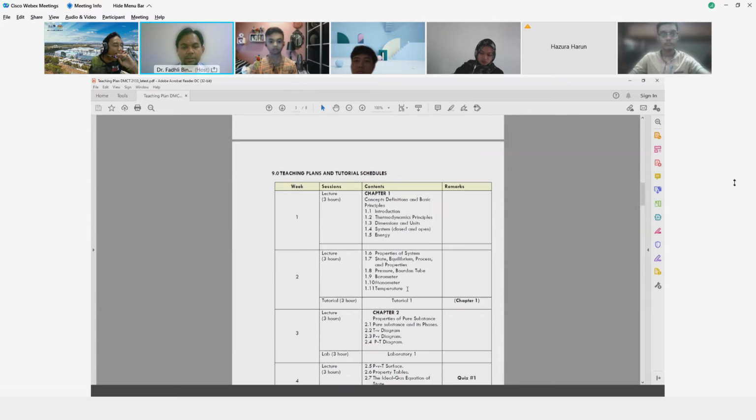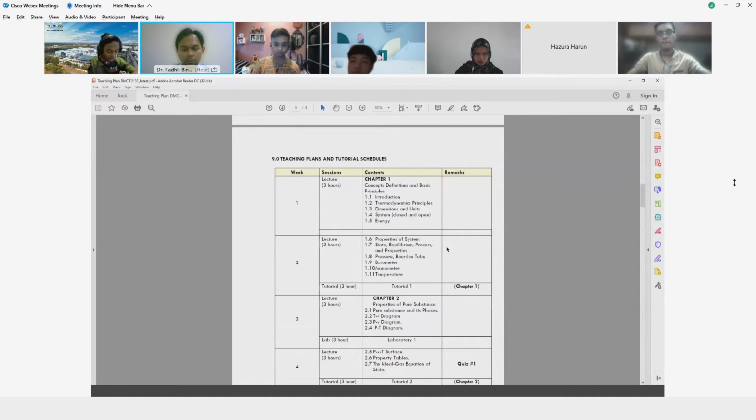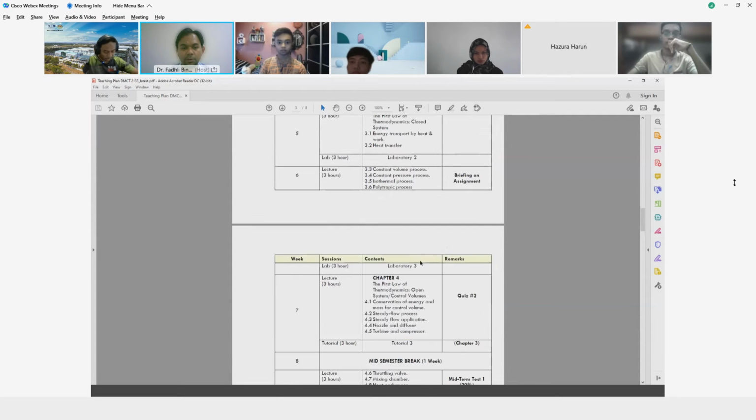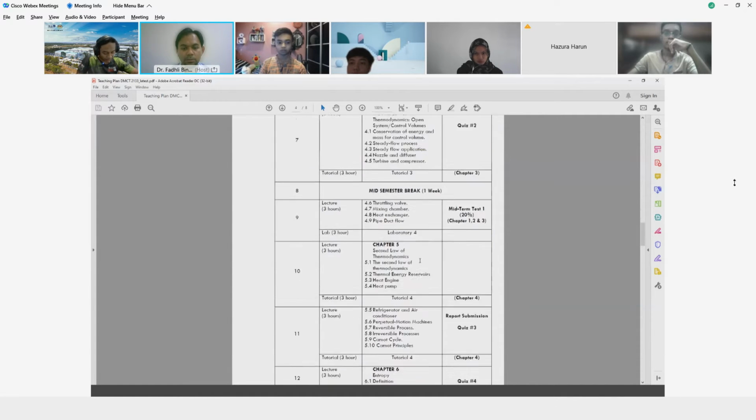Okay, next, this is the schedule based on each week. Week one, we will have chapter number 1 for today, but not too long. It's very simple, just an introduction for thermodynamics. And then you can refer to this schedule.